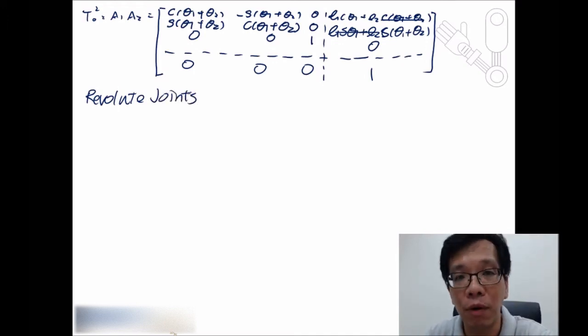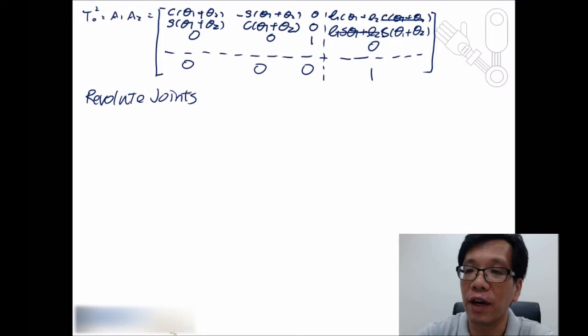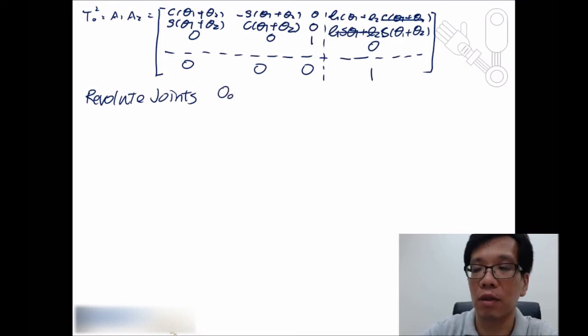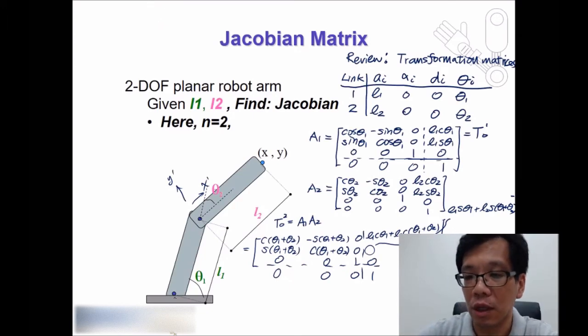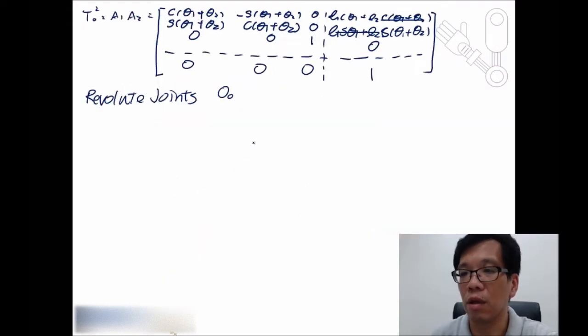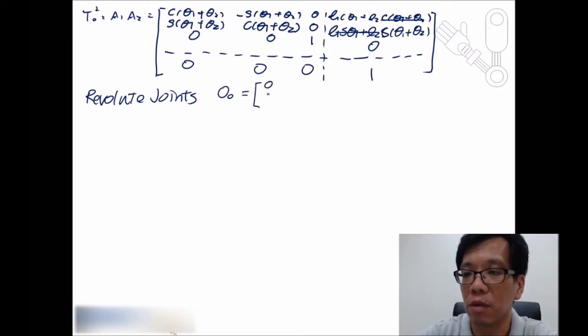So one thing important we need to have is to find out my O. So O, clearly from the previous slides, this is going to be O0, O1, and O2. So what we're going to have is O0 going to be 0, 0, 0.